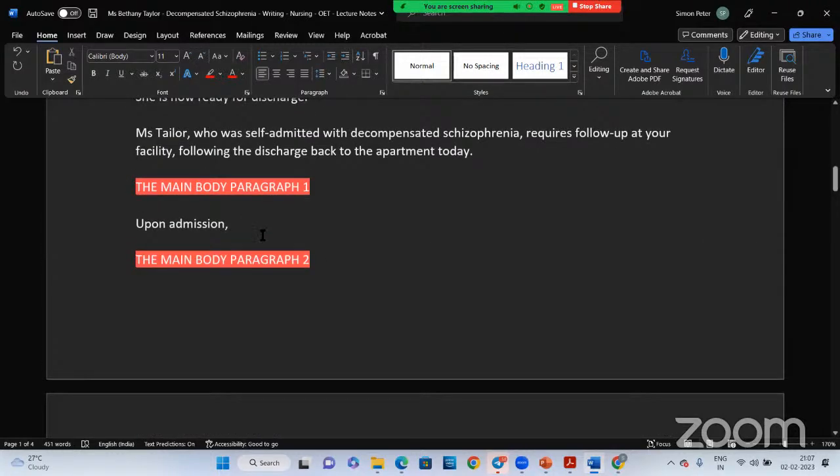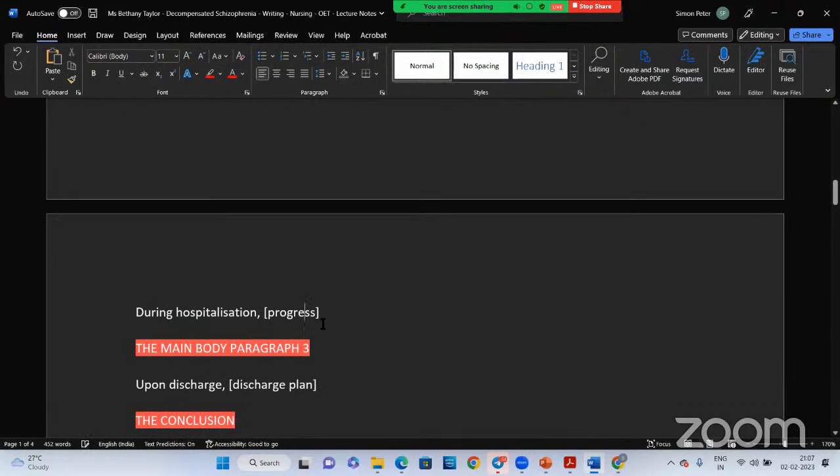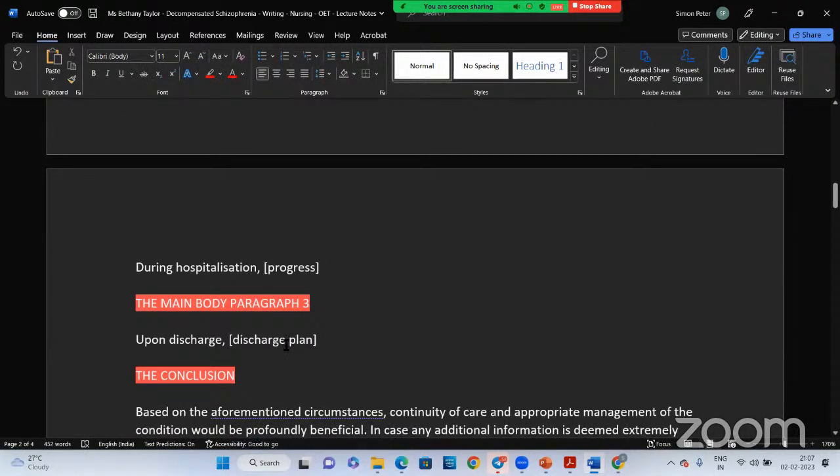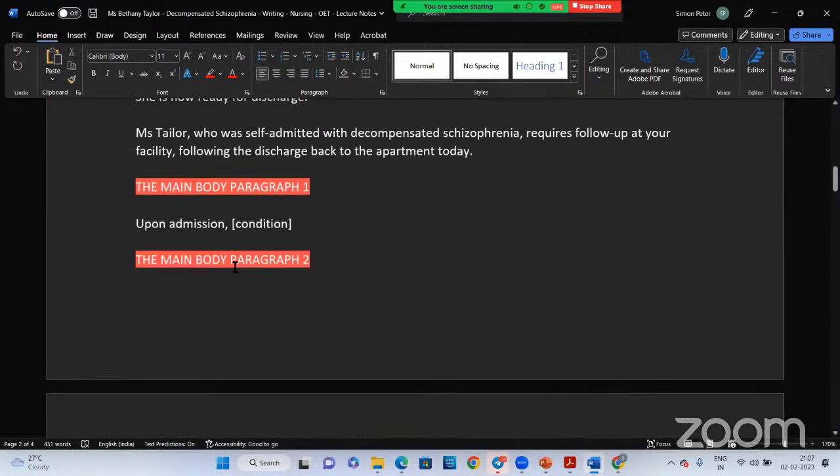And here, upon admission, the condition. Here the condition, here progress, here discharge plan. So first one, what was the condition? During hospitalization. So these three things.